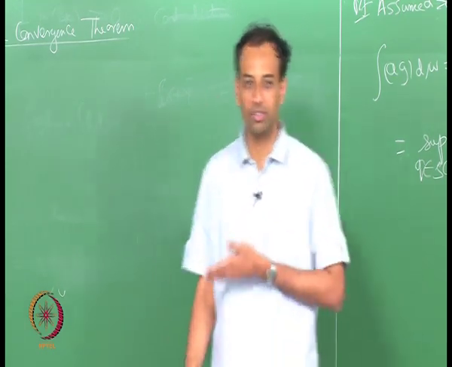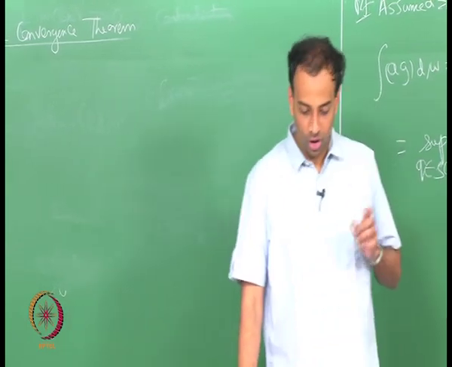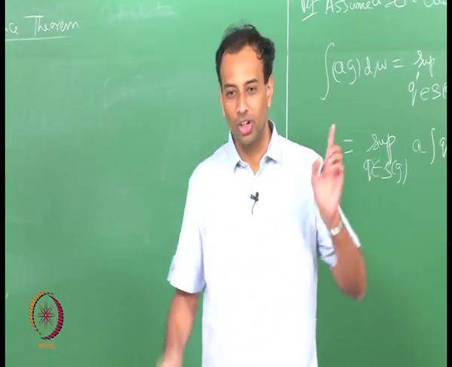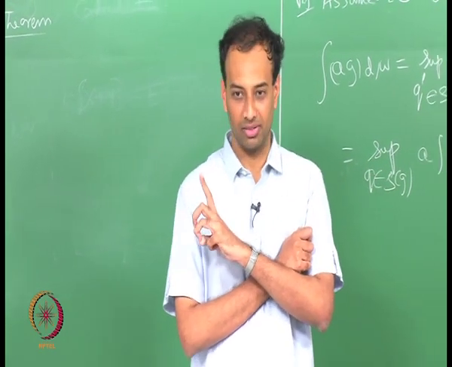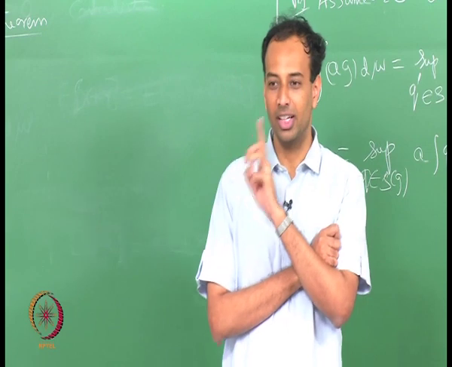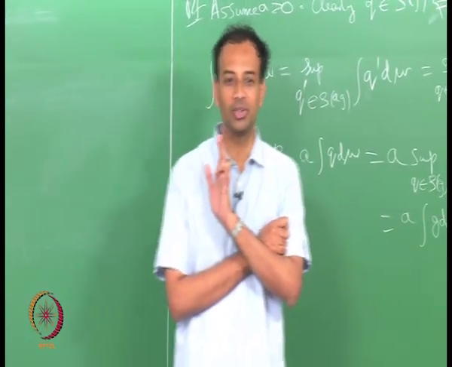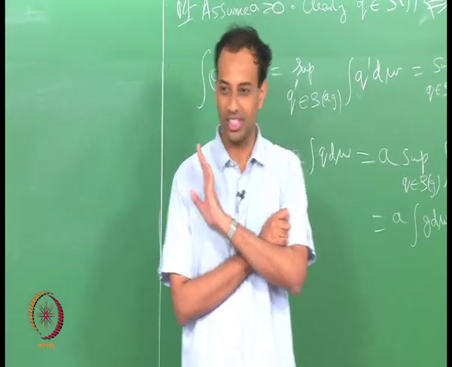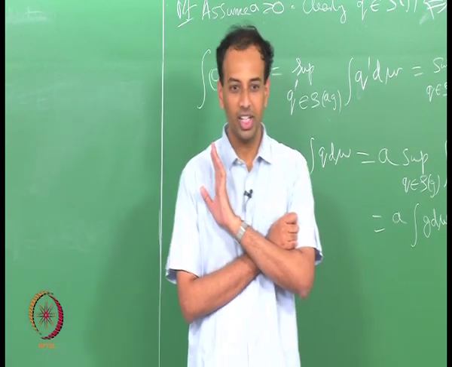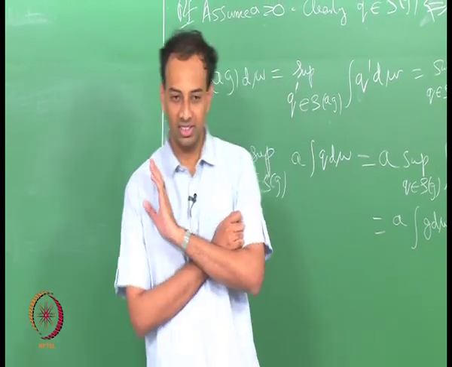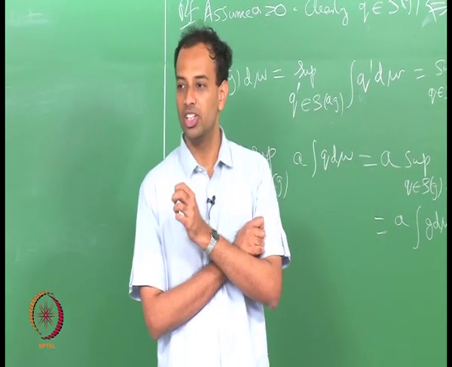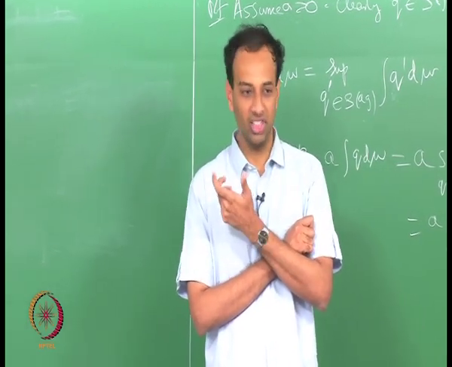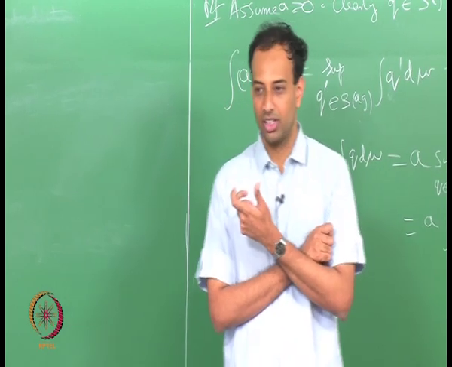If you just want to think of integrating on the real line, you probably know that you cannot always interchange limit and integration. The limit of an integral is not always equal to the integral of a limit. We will see some examples. But the monotone convergence theorem gives one sufficient condition under which you can interchange limit and integration.